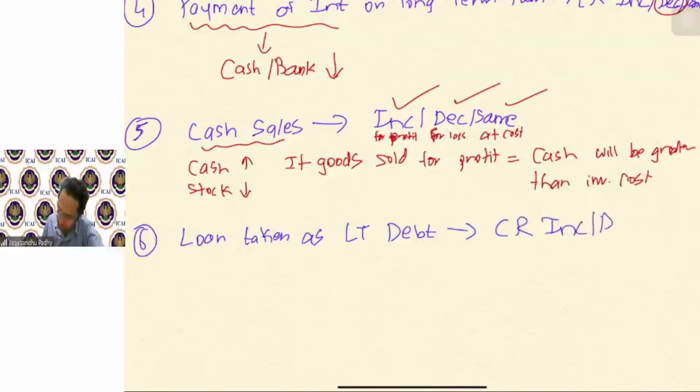Will it increase, decrease, or is it going to remain same? Long-term debt. If loan is taken as long-term debt, then tell me whether the current ratio will increase, decrease, or is it going to remain same?